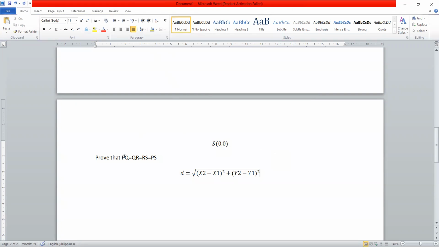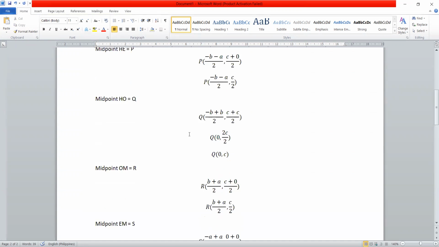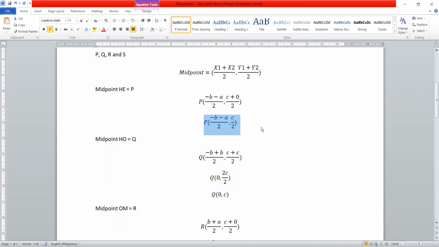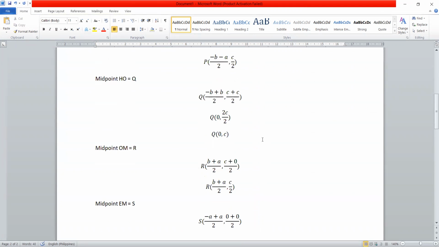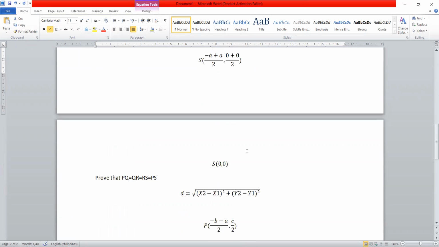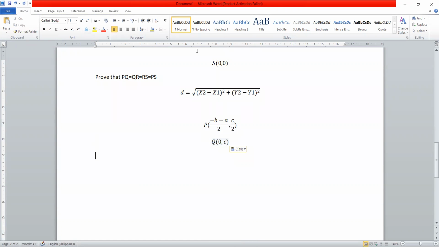So we have to prove that PQ is equal to QR is equal to RS is equal to PS. Let's find the distance of the line segment PQ first. Of course, you have to identify your points. We have here the point P, and here the point Q. Let's say P is your point 1 and Q is your point 2.